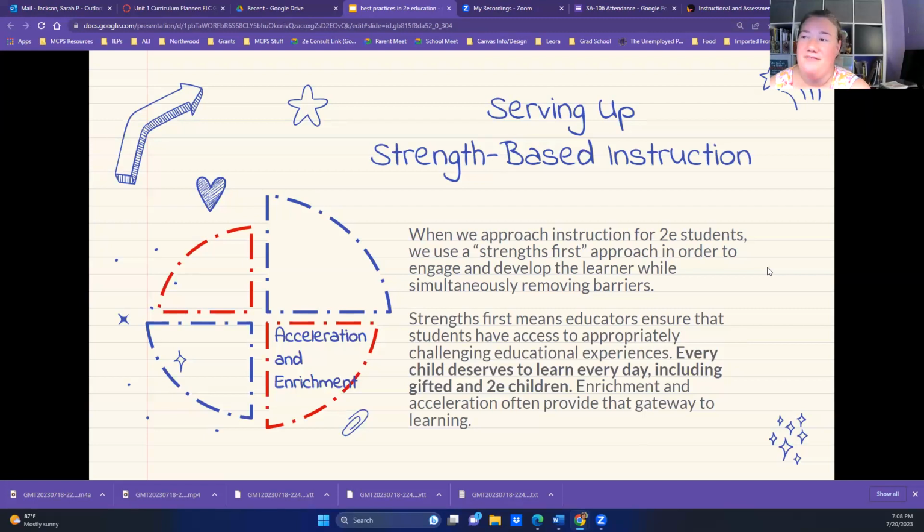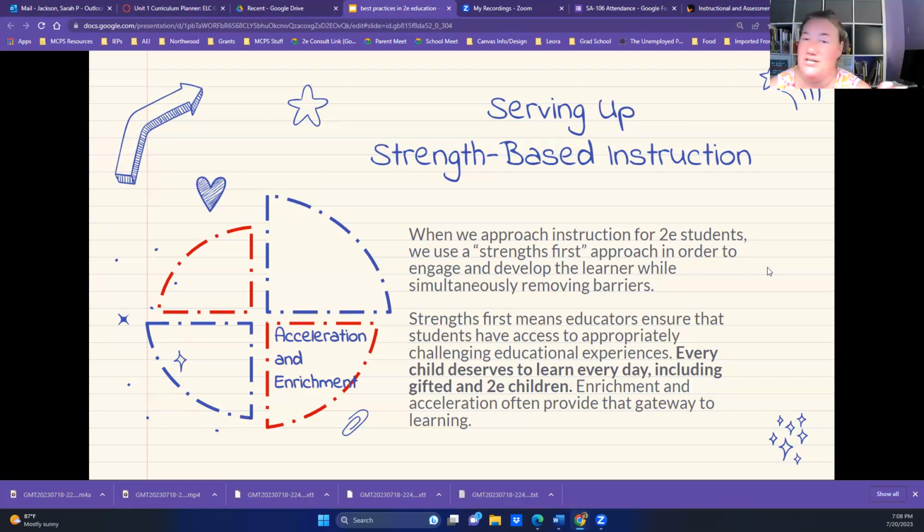The next part of our strength-based instruction approach is acceleration and enrichment. I know that acceleration is not a favorite word in MCPS, but research shows us that the best first approach to students when it comes to differentiation, meeting student need, and providing appropriate instruction really is to accelerate them.